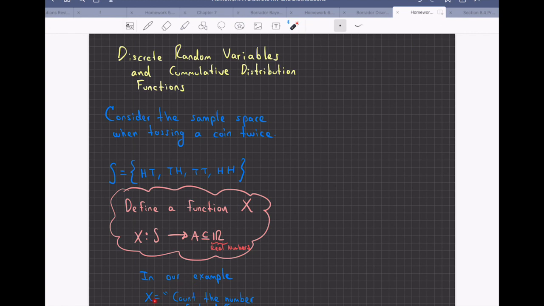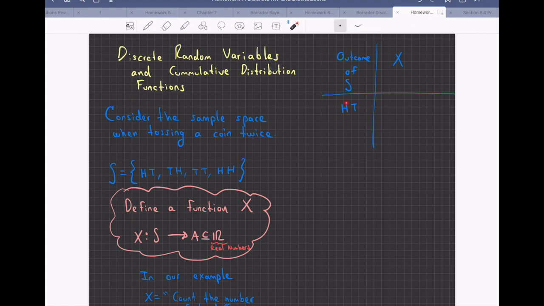Well, pay attention to the description of X. X is going to count the number of heads. So we're going to count the number of heads in each outcome. For example, I'm going to create a table, outcome of S, and the other one X. Then for the outcome HT, how many heads do we have?